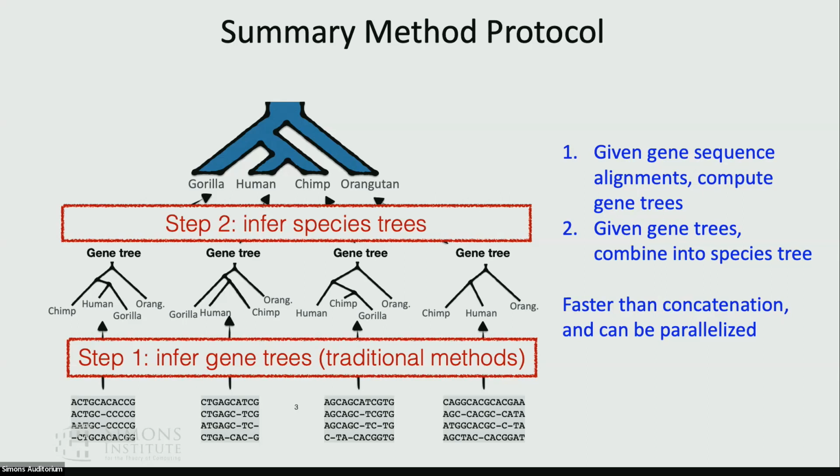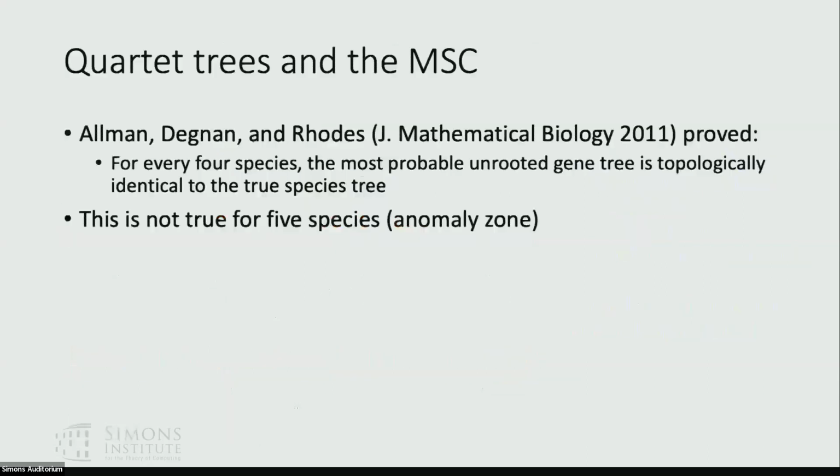But this is well established for incomplete lineage sorting. So Allman, Degnan, and Rhodes did this beautiful theorem that said under the multi-species coalescent, if you only have 4 species, the most frequently observed gene tree is the species tree with probability going to 1. So if you only have 4 species, you don't have to worry about it.